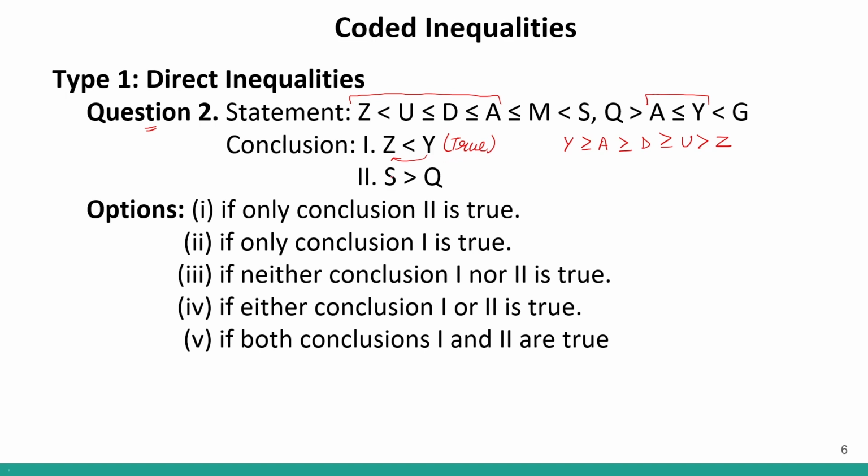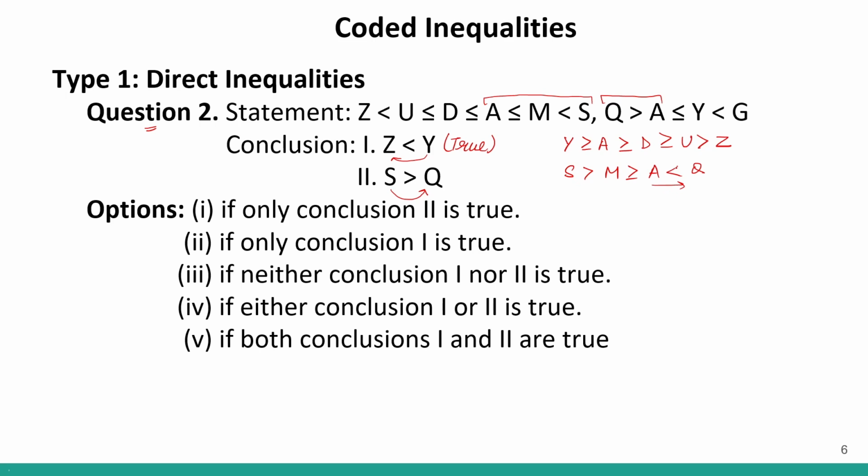Correct? Next is S is greater than Q. So we will move from S to Q. Now I can see a relationship between S and A, and a relationship between A and Q. So S is greater than M, which is greater than or equal to A, and A is less than Q. So I can move from S to A, but can I go further?